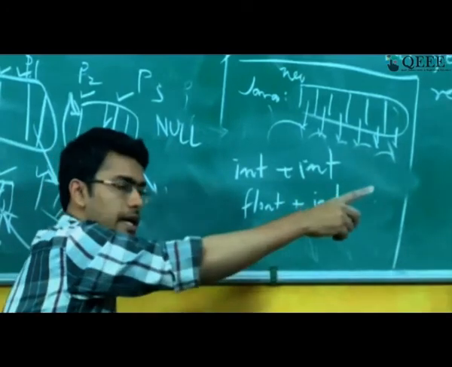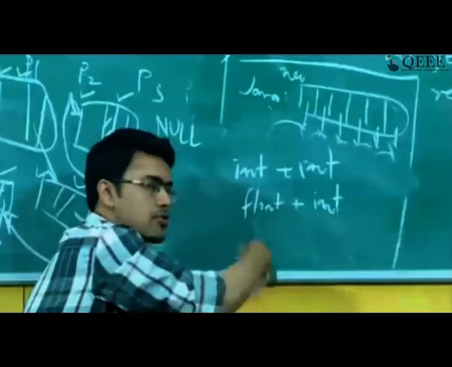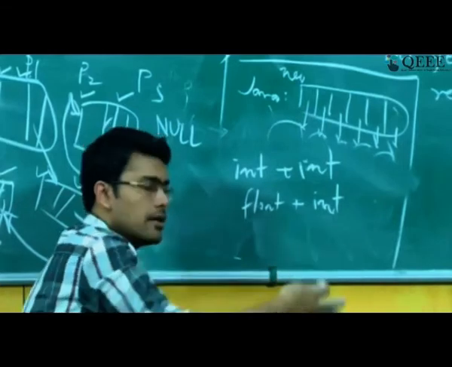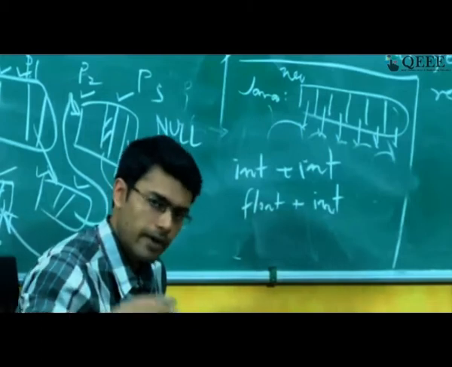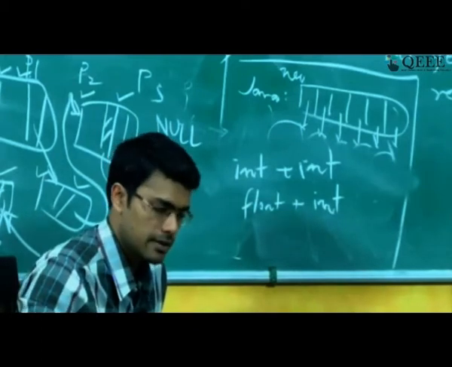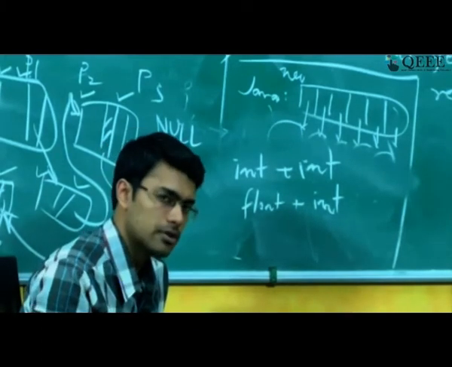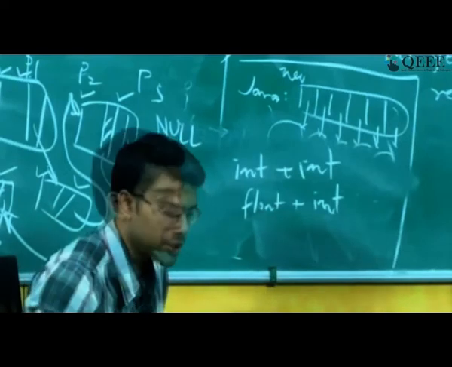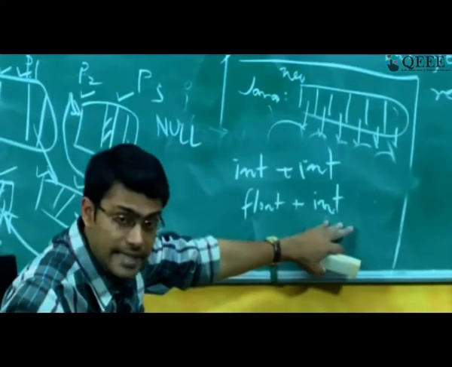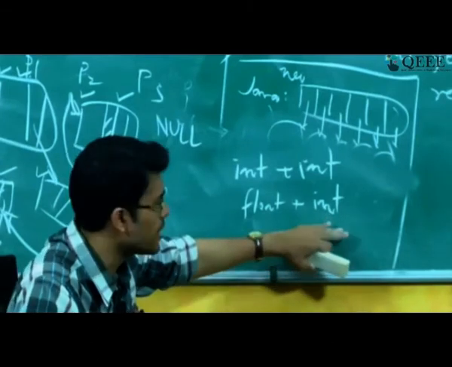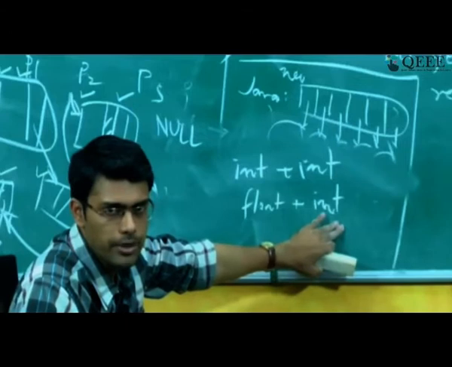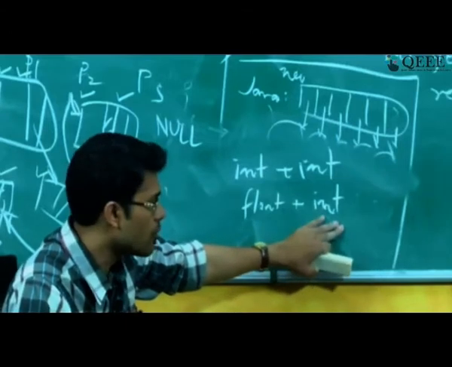Let's say float plus int will convert this integer into a float internally and then take the summation, because the floating point bit pattern is very different from the integer bit pattern, and the plus operation will be defined on the floating point separately and integer separately. So there is an internal conversion, not really by the language, but the code is generated accordingly, an automatic typecasting, also called coercion.